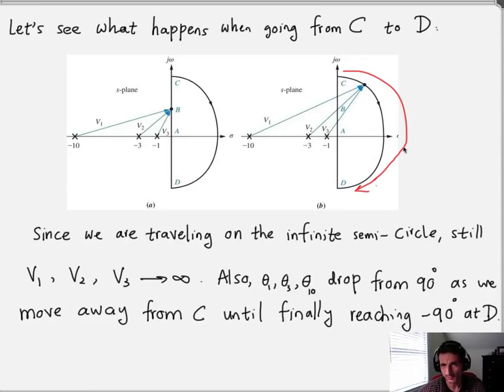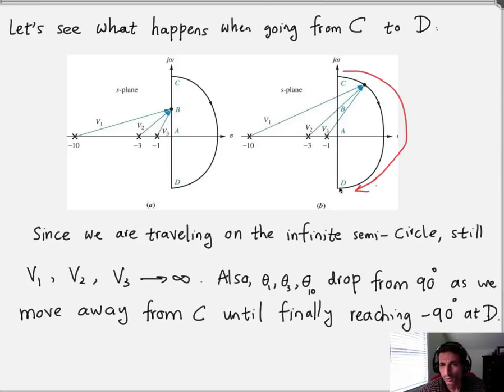Any point you consider on this infinite semicircle is still going to have V1, V2, and V3 going to infinity. But for example, if you consider a point just too far, for example here, these phase angles, theta 1, theta 2, and theta 3, could be 45 degrees, but they're definitely going to drop from 90 degrees.